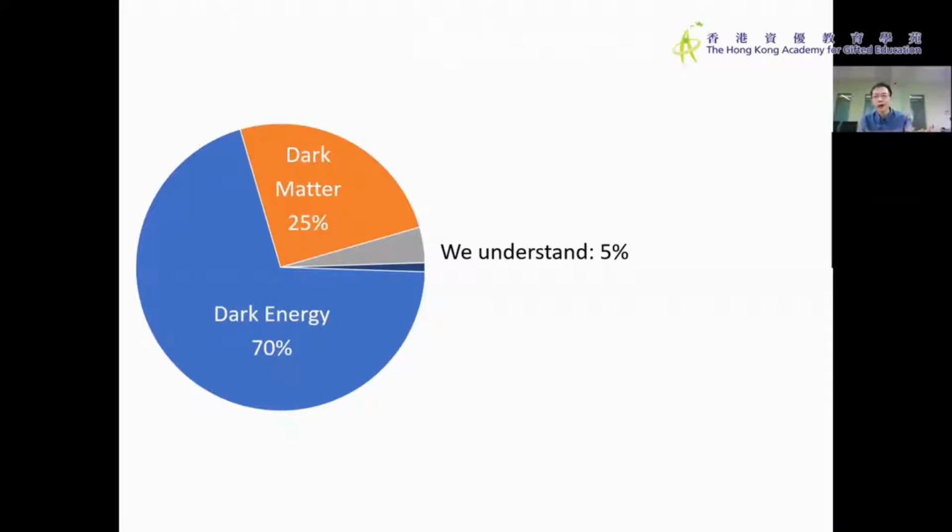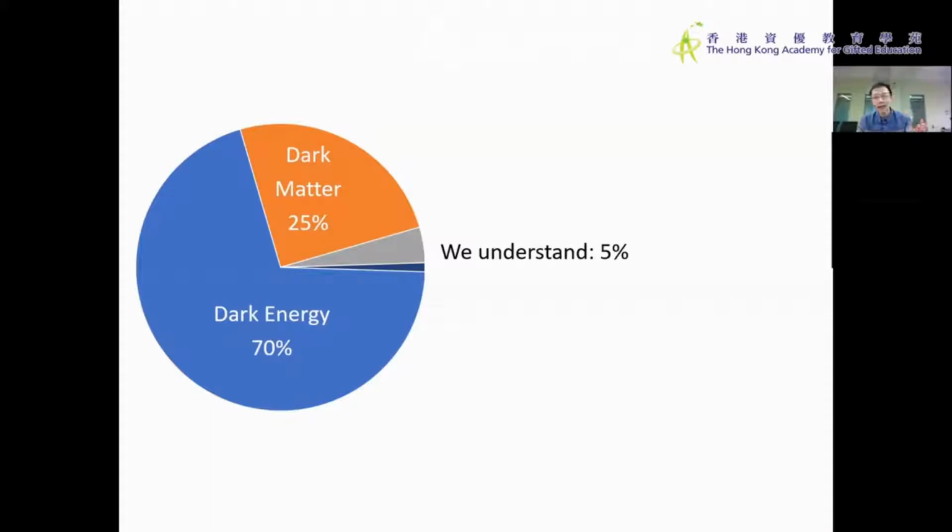The dark matter, we know the gravitational attraction between the dark matter and us, but we don't know in their particle nature what particles they correspond to. And there is even more, around 70% of the matter, known as dark energy.